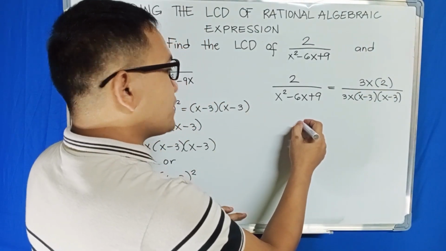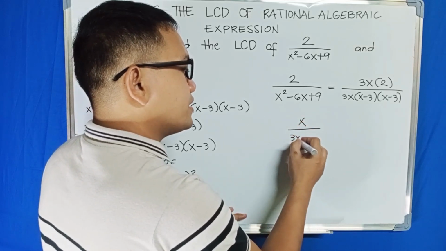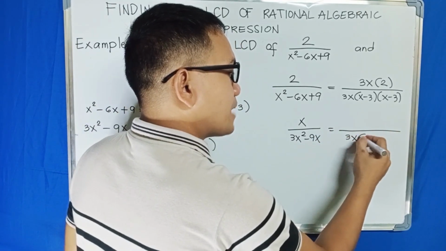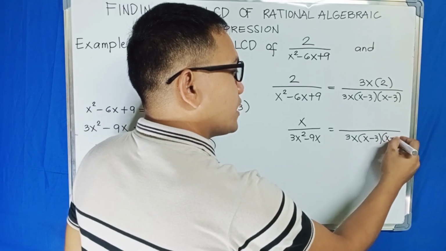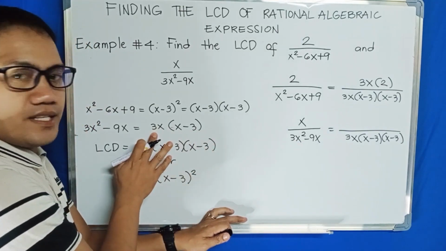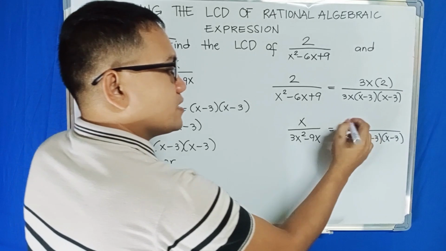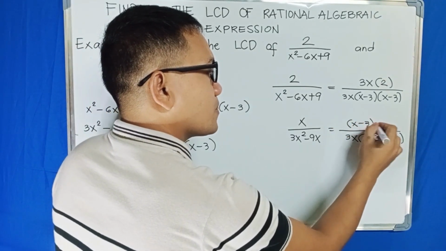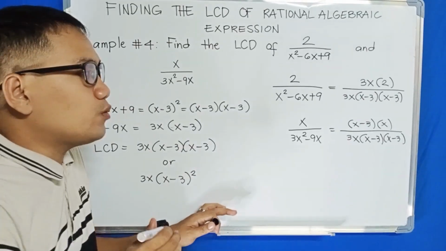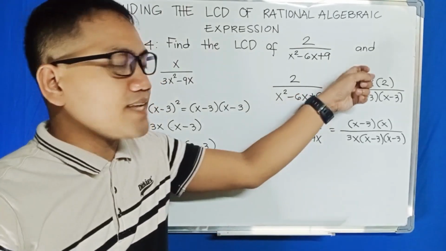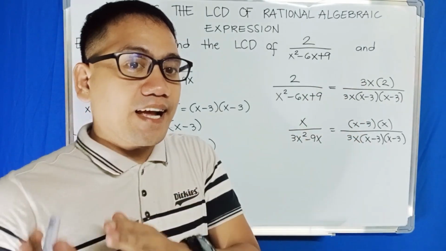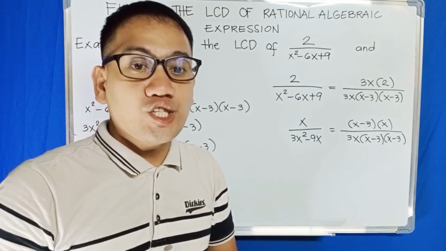While for our second expression, x over 3x squared minus 9x, again with common denominator 3x times quantity x minus 3 times quantity x minus 3. Since 3x squared minus 9x is the same as 3x times quantity x minus 3, that is quantity x minus 3 times our numerator, which is x. This means the equivalent RAE of our given expression is presented in this rational algebraic expression, and we can directly add or subtract our rational algebraic expressions.